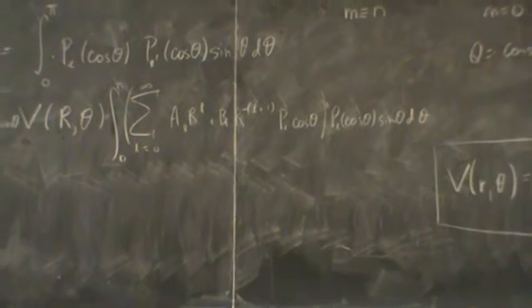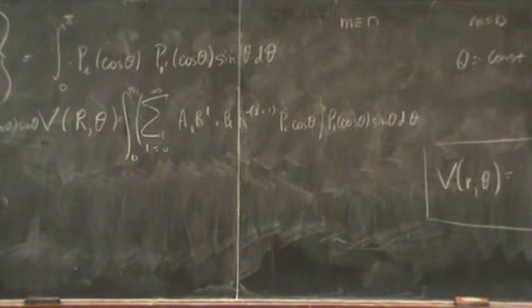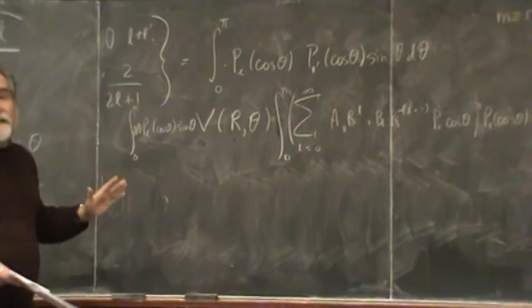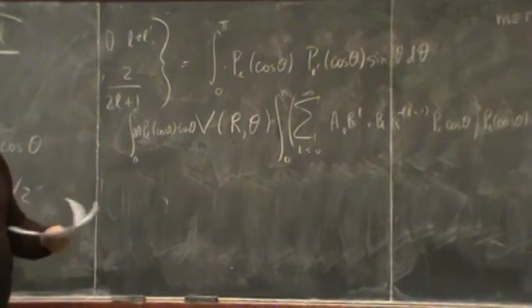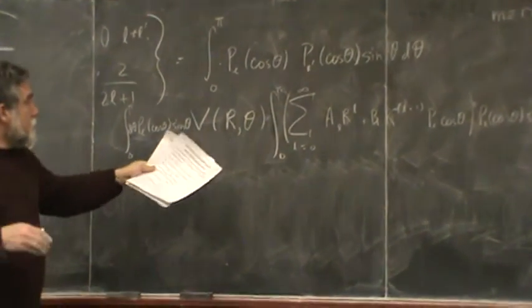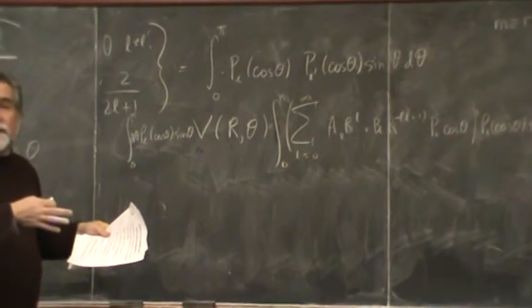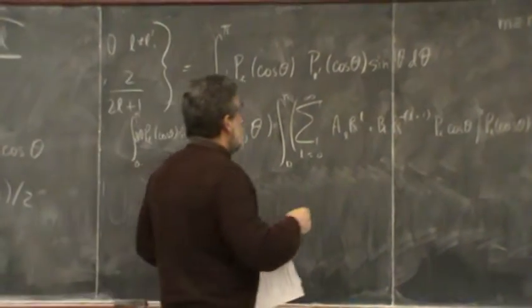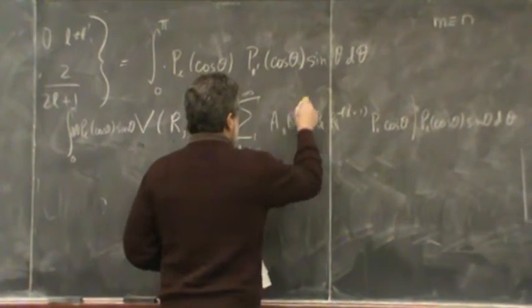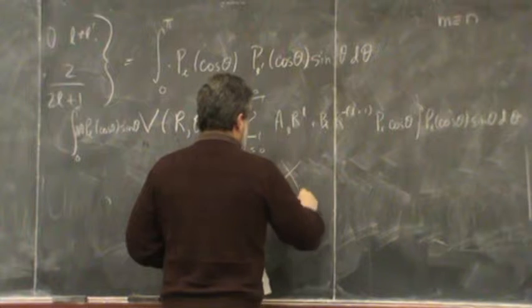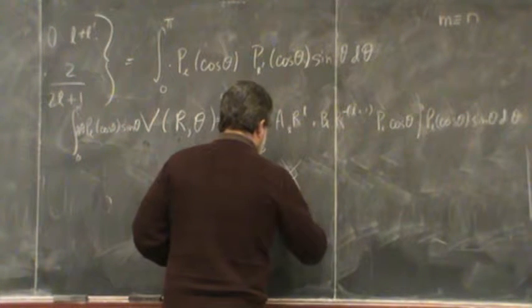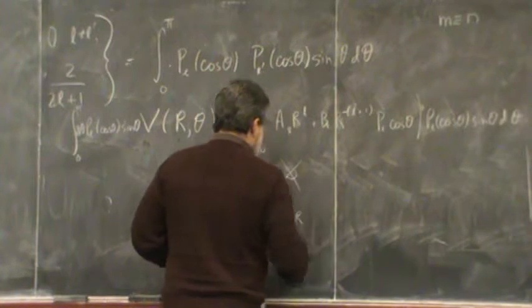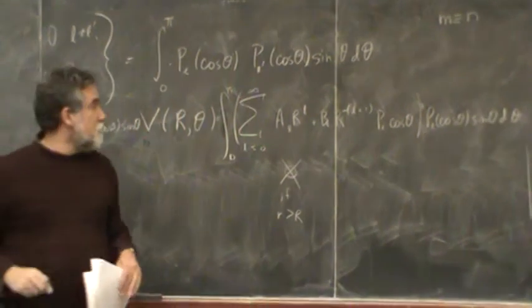But I have the added constraint that if I'm going to solve for the potential outside of the radius R, then this term is going to go to 0. So I'll just put goes to 0 if r is greater than capital R.